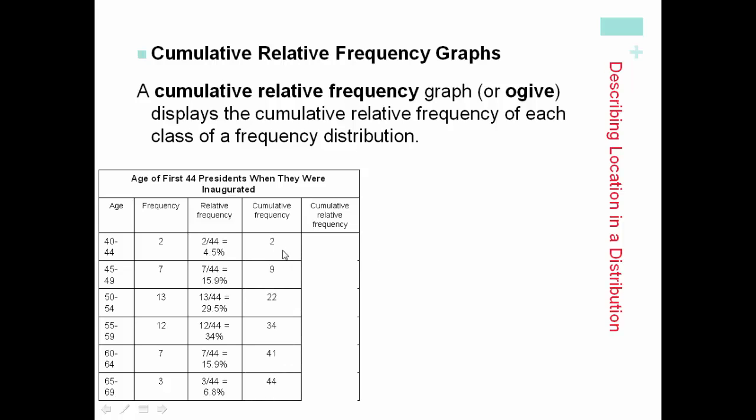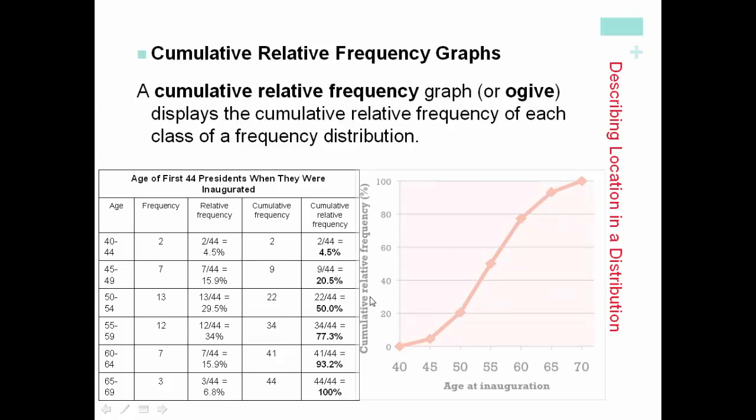A cumulative relative frequency tells us how many in total. Starting with 2, we add the 7, now we have 9. We add on the next 13 presidents, we now have 22, and so on all the way to 44. We then find their percentages. 2 out of 44 would be 4.5%, for example. We go all the way down to 44 out of 44, which gives us 100%.